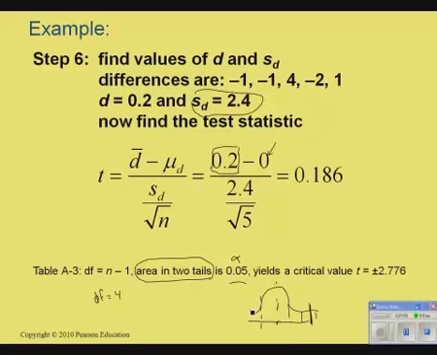Back of the book. And you're looking at 4. Found it? Cool. So my critical value here is t equals 2.776 and t equals negative 2.776. These are the critical values. So here's the critical regions going out from there.